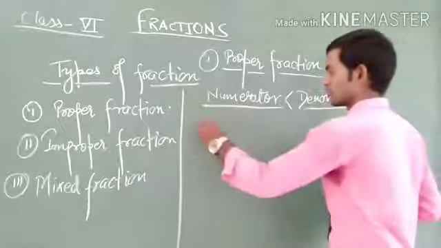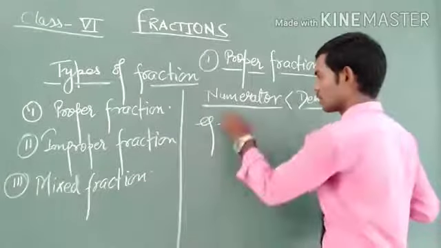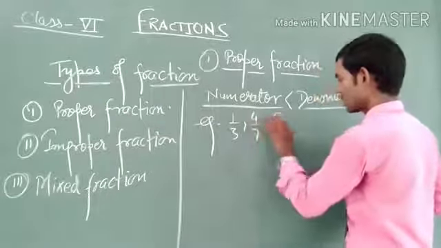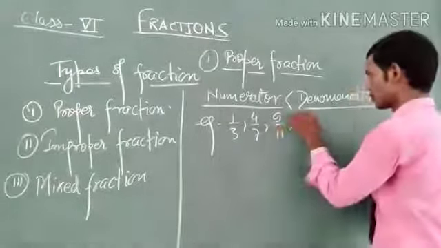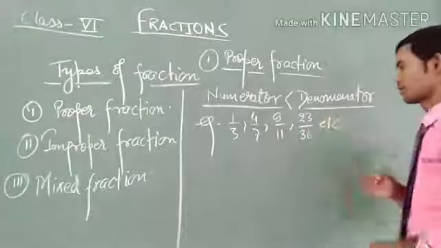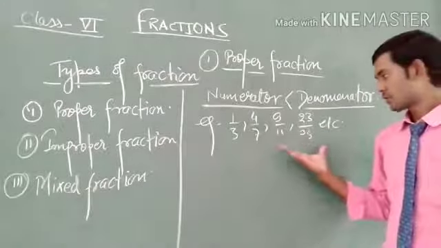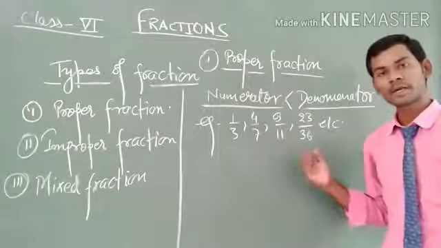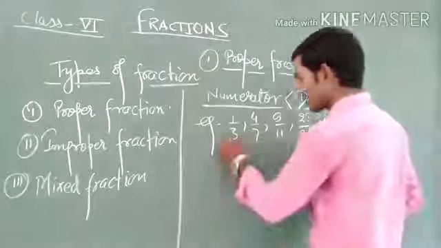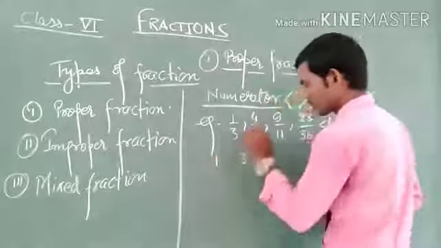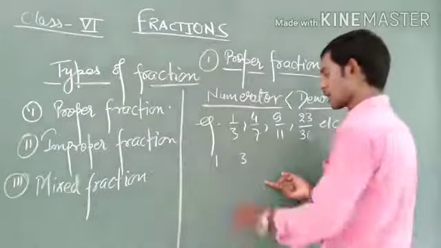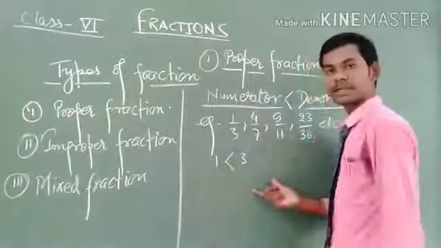Here the examples are 1 by 3, 4 upon 7, 9 by 11, 23 by 36 and so on. These fractions have the numerator less than denominator. In the first fraction we have 1 and 3, where 1 is the numerator and 3 is the denominator, and here 1 is less than 3.